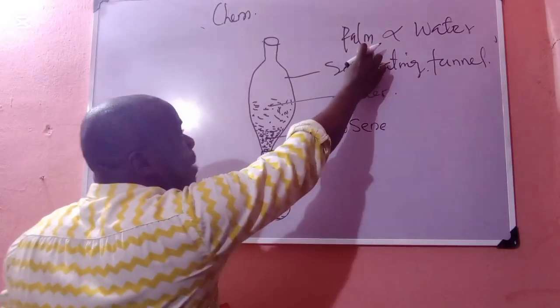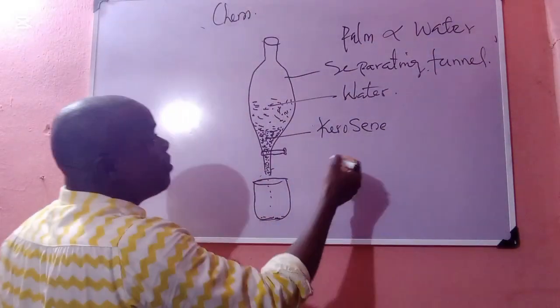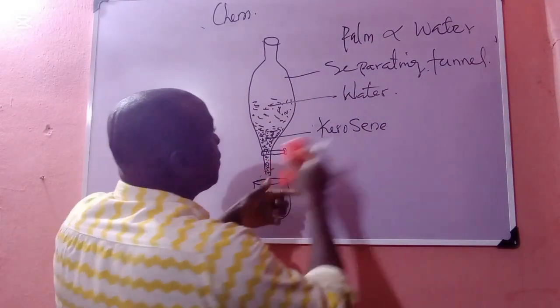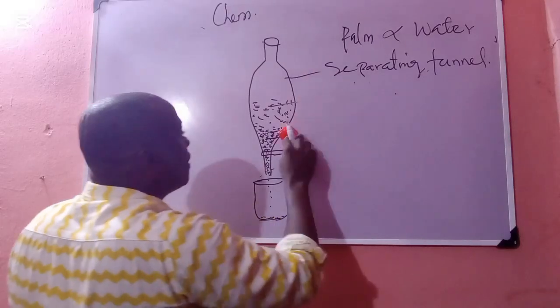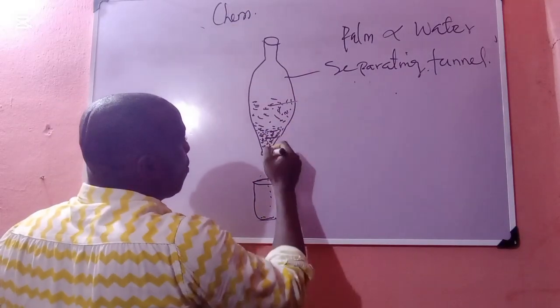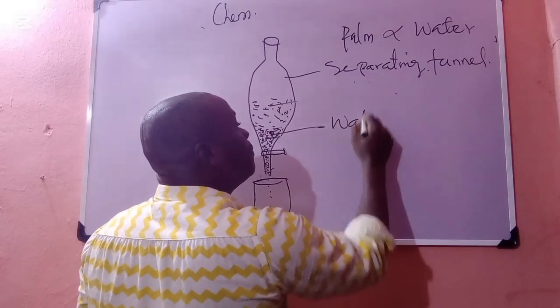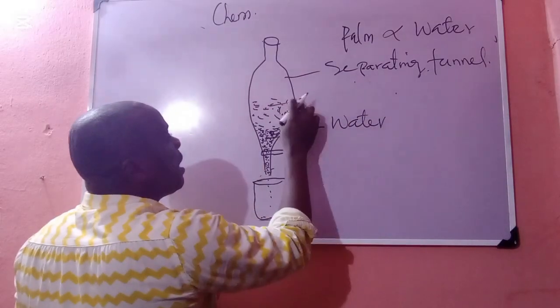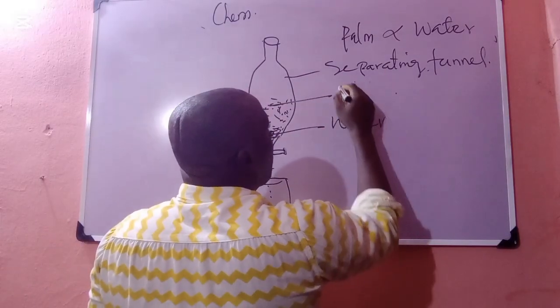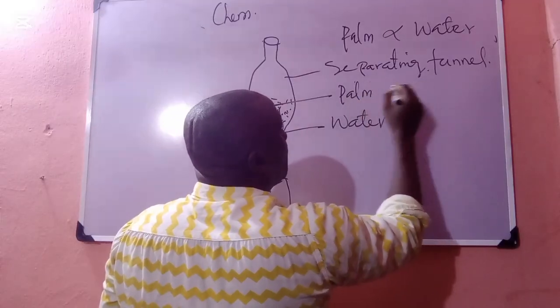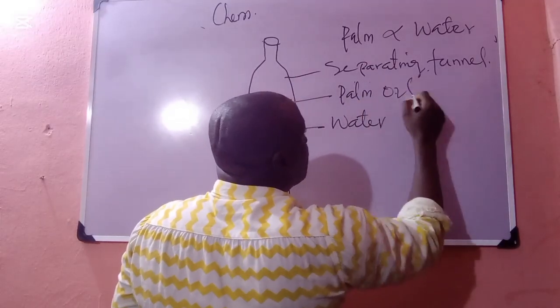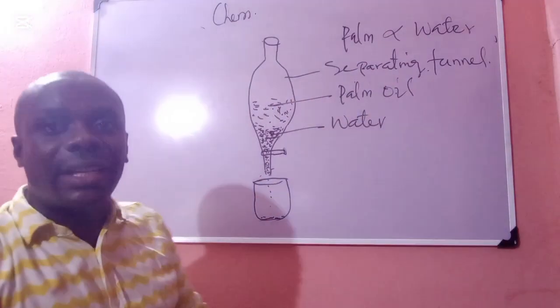If you put palm oil and water in it, you will see that the palm oil will be at the top, and here you have water. This place you will not have water, and here you will not have the palm oil, because of their difference in density.